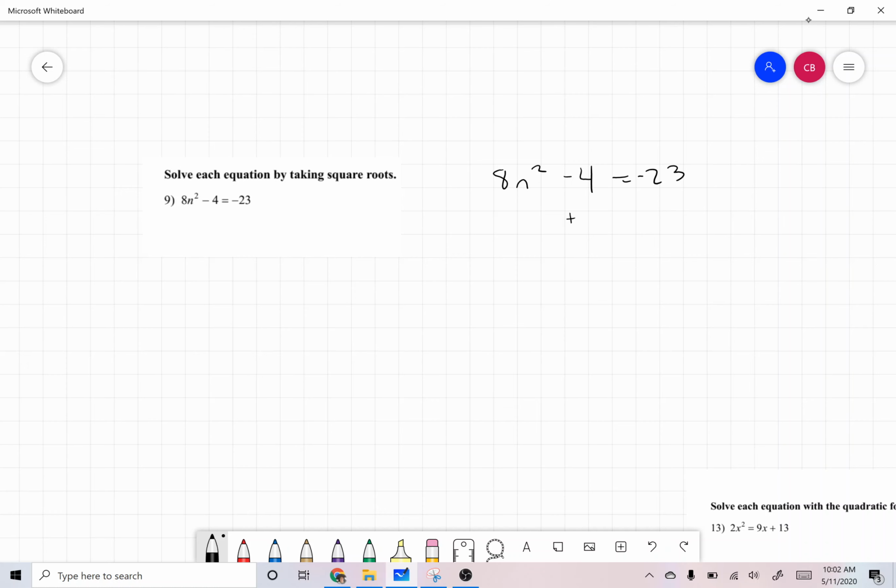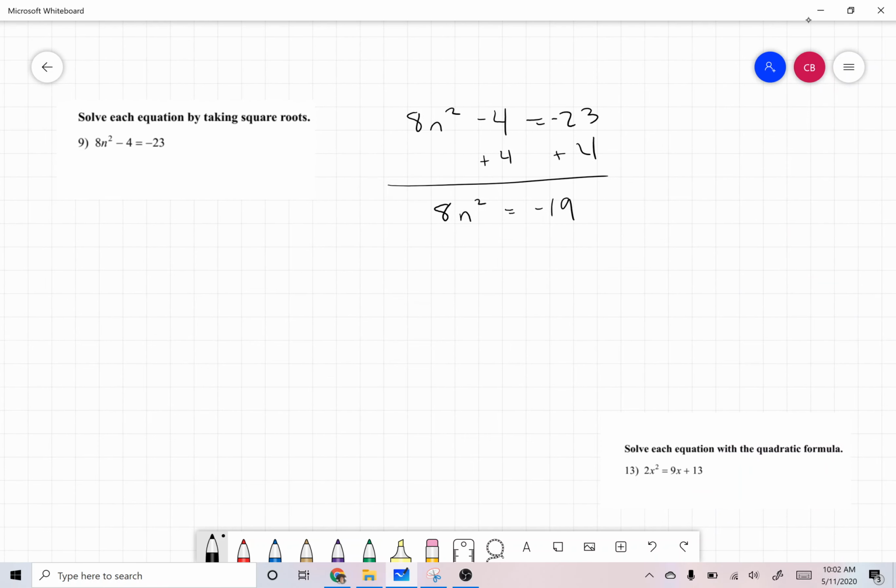So we add 4 to both sides. 8n squared is equal to negative 19. Then we divide by 8. N squared is equal to negative 19 over 8.